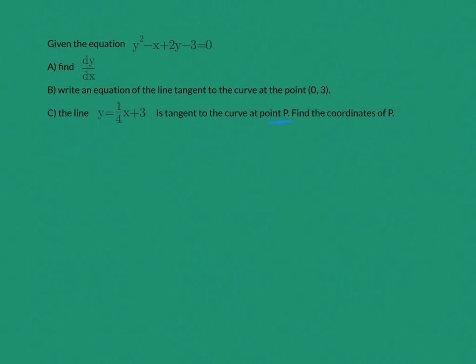This is the slope of our tangent line. And remember, slope was 1 over 2y plus 2.